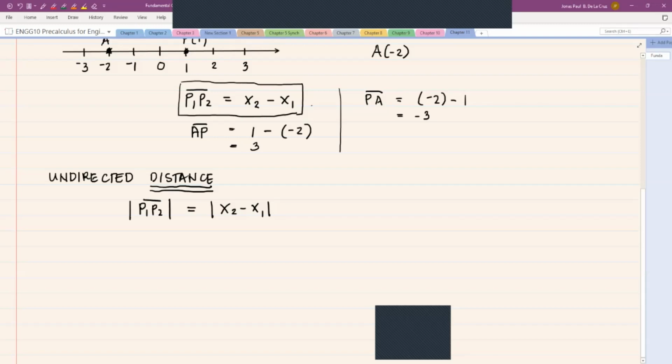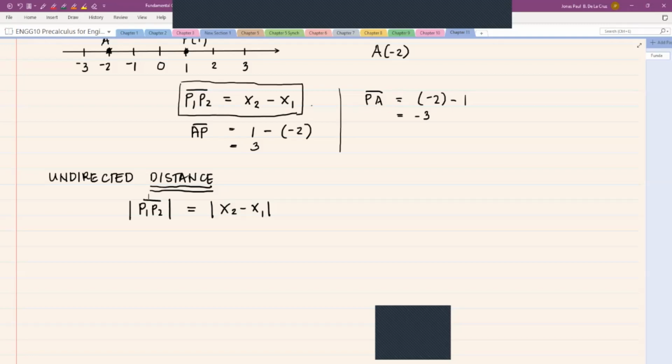So that's it for directed and undirected distance. For directed distance, we have direction. For undirected distance, we do not concern ourselves with the direction. We just use the absolute value of the distance.